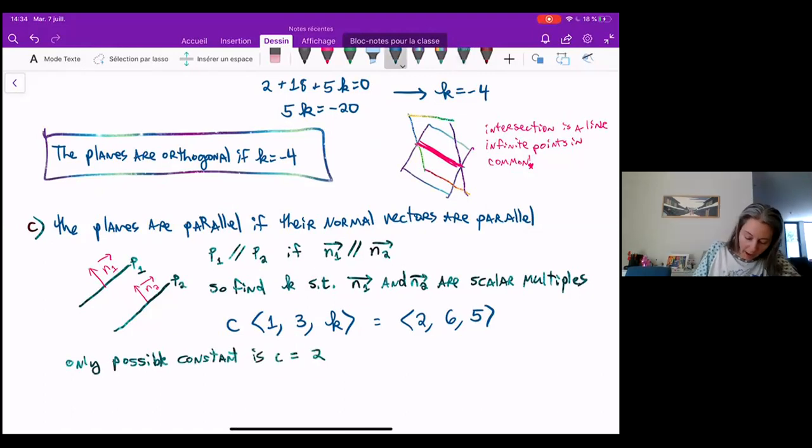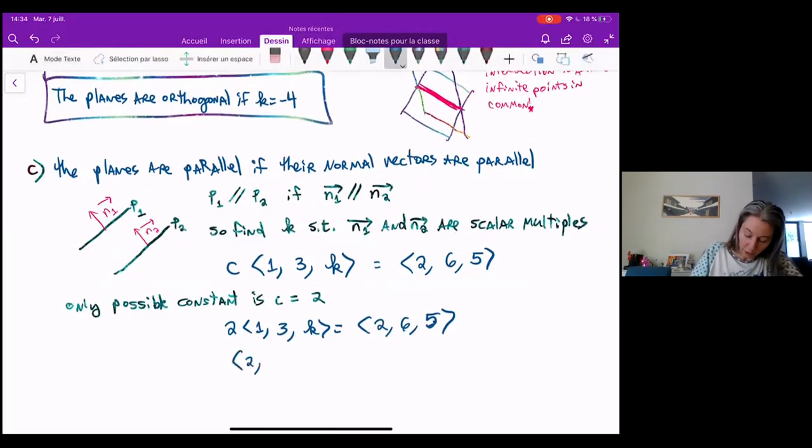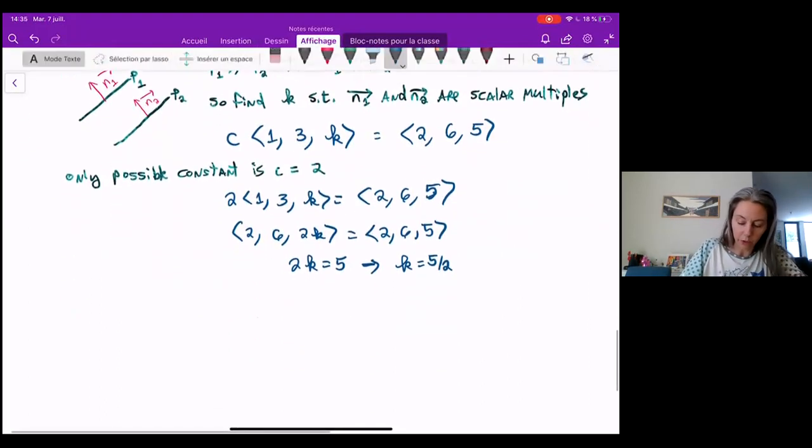So now we have 2 times 1, 3, k is equal to 2, 6, 5, which gives me 2, 6, 2k is equal to 2, 6, 5, which tells me that 2k needs to equal 5, k equals 5 over 2. So the planes are parallel if k equals 5 over 2.